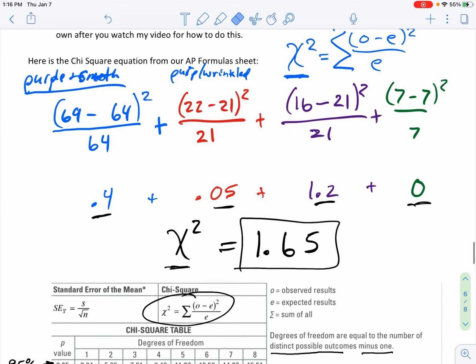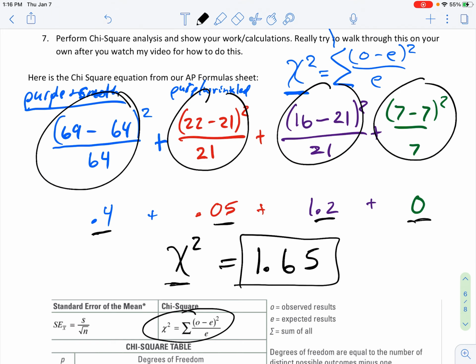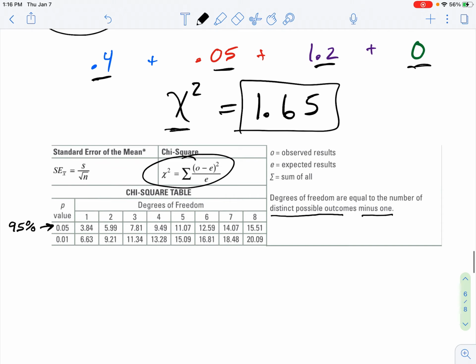So our distinct possible outcomes, and we calculated this like we did it 4 times, right? 1, 2, 3, 4. There were 4 calculations that we had to sum up. So distinct possible outcomes is 4 minus 1 equals 3. So we are going to use that column and the 0.05 row, and we're going to compare our 1.65 to 7.81.